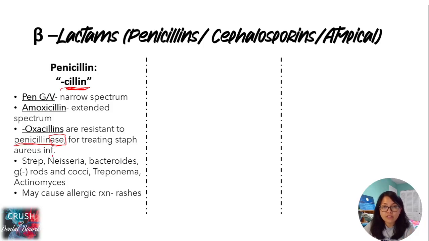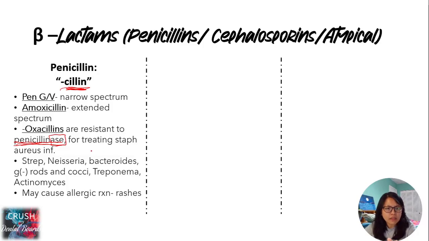In case a bacteria develops this enzyme, your regular penicillins will not work because it would just degrade them. So oxacillins are specially used for treating Staph aureus infections.